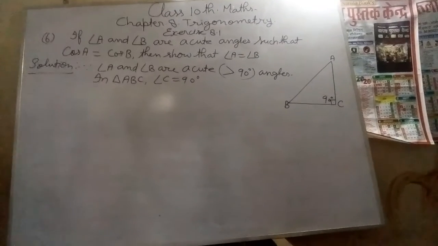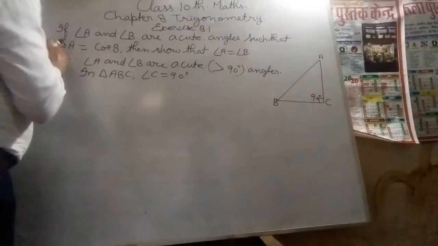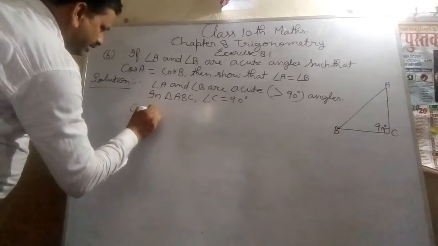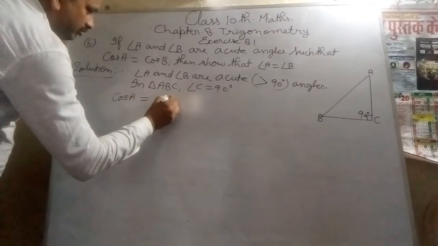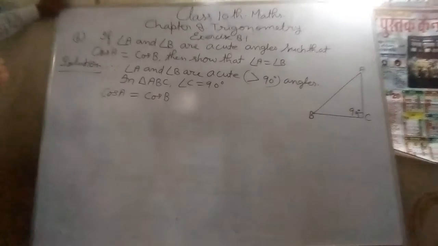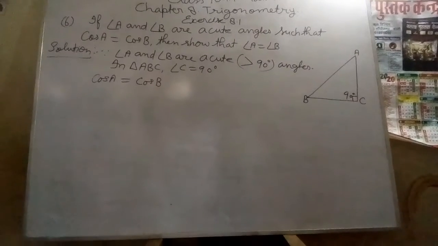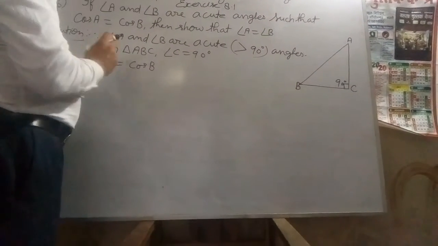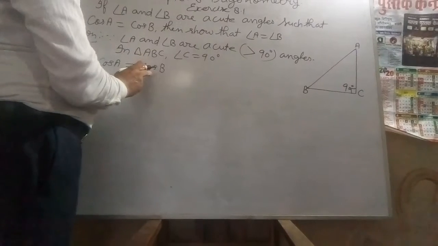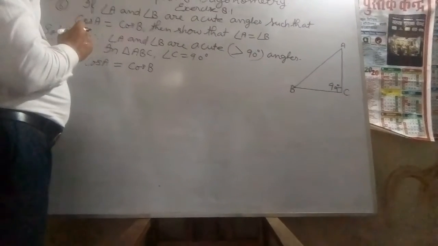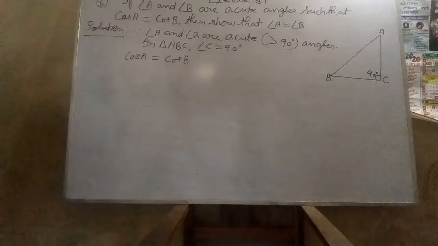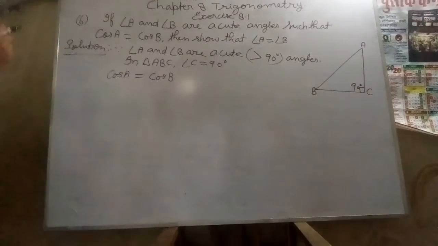And we have given that cos A equal to cos B, means cos of angle A is equal to cos of angle B. Then how can we prove angle A equal to angle B?